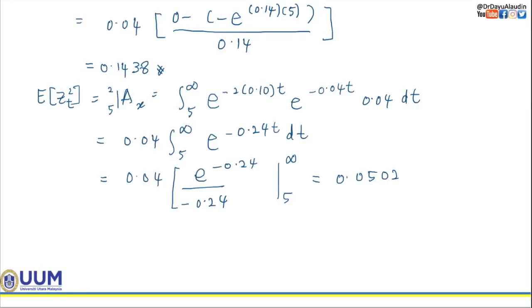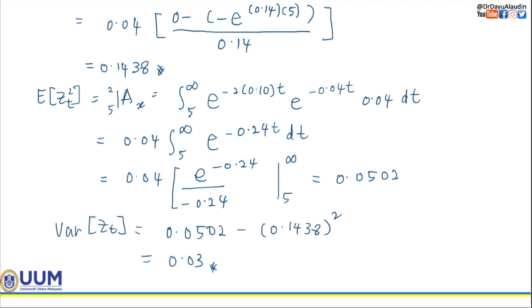Then we solve the integration and we get 0.0502. Then we can find the variance: this is E of Z squared t, and this is the NSP squared. And we get 0.03.